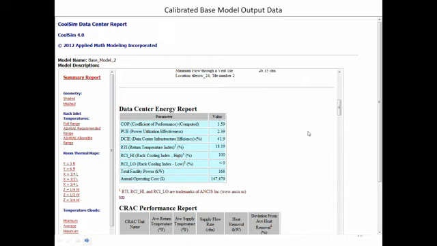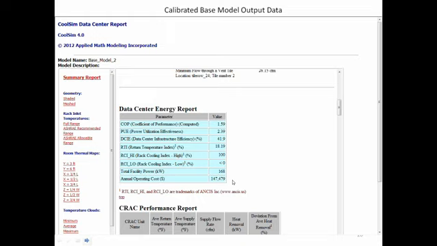report. Now, here we're calculating the COP, PUE. We also give you DCIE, which is just the inverse of PUE, RTI, which we talked about earlier, RCI, high and low, total facility power, and annual cost.